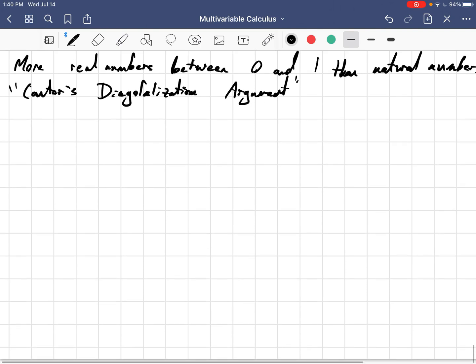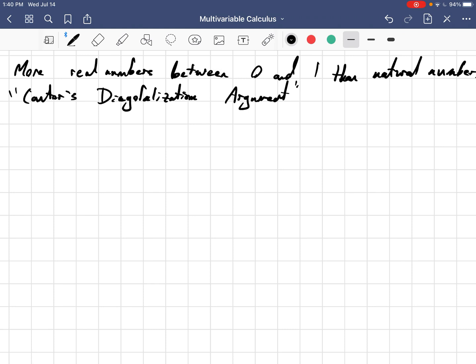The way he did this, he said, okay, come up with a list on your own that includes all possible real numbers. So, all possible decimal expansions from 0 to 1.